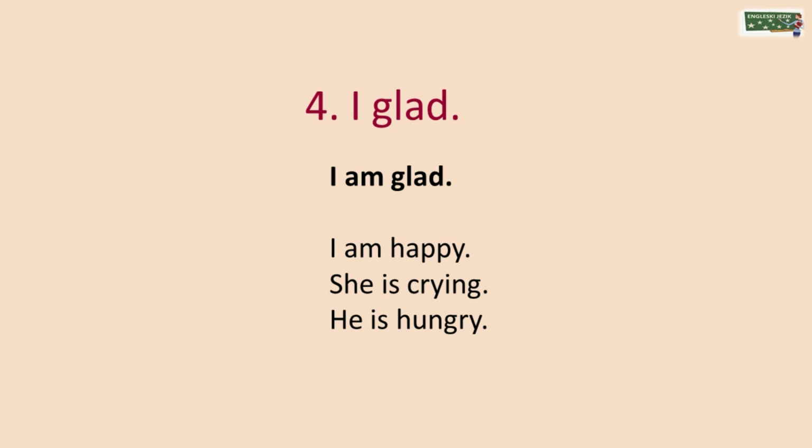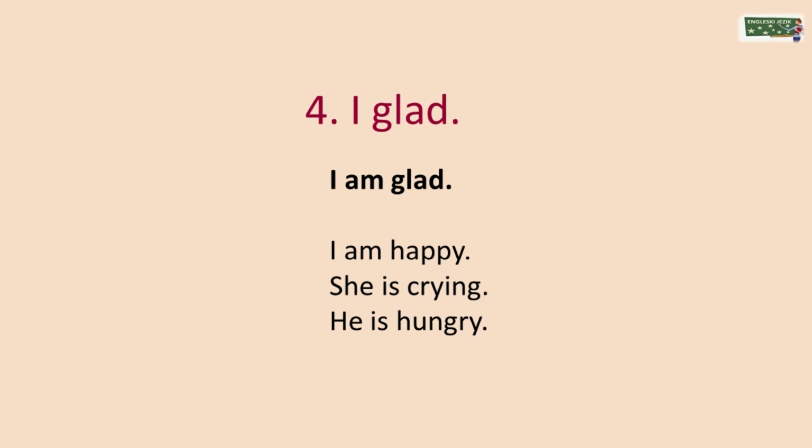We can also say, I am happy, she is crying, he is hungry, instead of saying, I happy, she crying, or he hungry. So remember, an auxiliary verb always stands before an adjective, describing how somebody or something is.